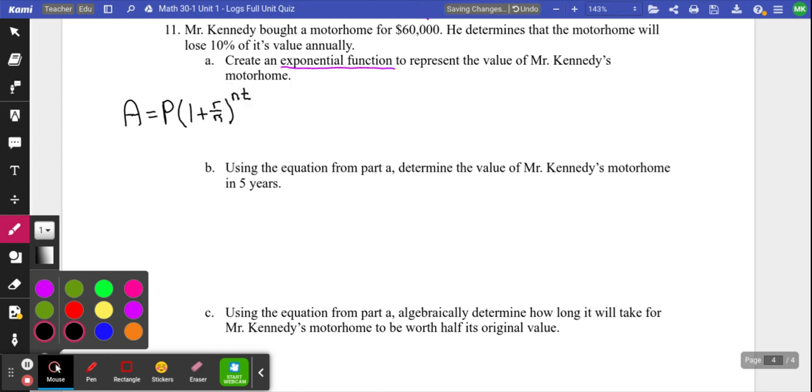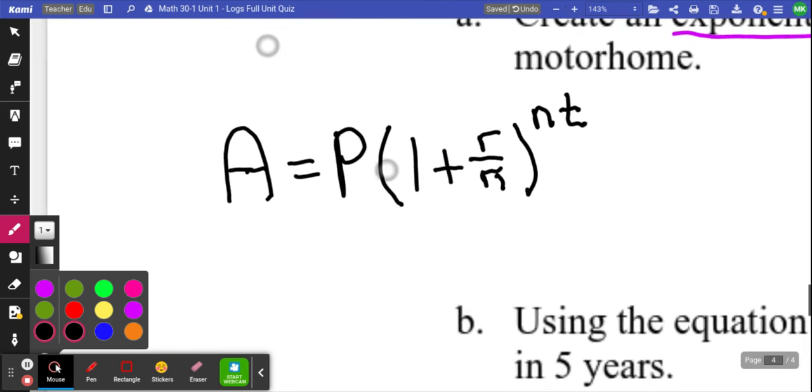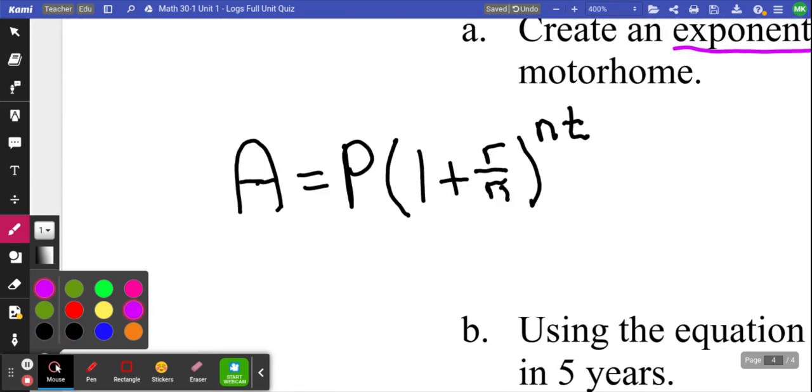And if you look back in your notes, like we had values for all this. I'm just going to put what I call these values because it's not always like the proper terms. This is like the value of something. I like to call it the end value. So in this question, it would be the ending value of my motorhome. P technically stands for principal, right? I like to just call it the start value though.